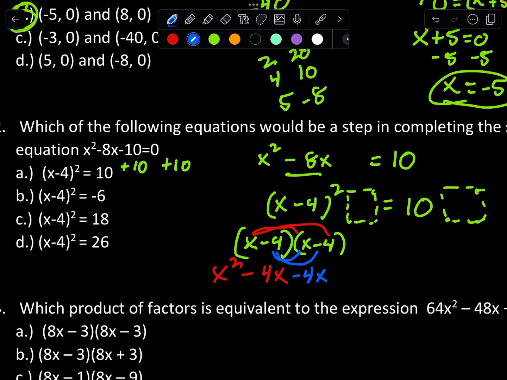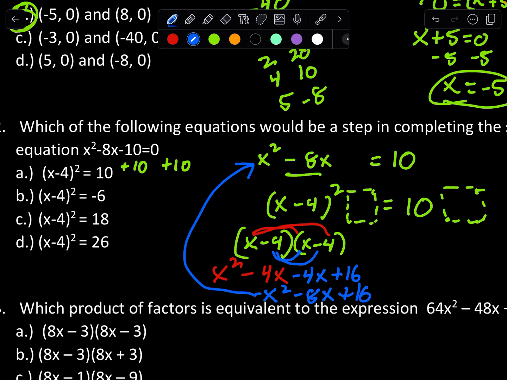Negative 4 times negative 4 is plus 16, which gives me x squared minus 8x plus 16. So what I want you to notice is this is not the same as that, but I wrote this x minus 4 squared for a very important reason.